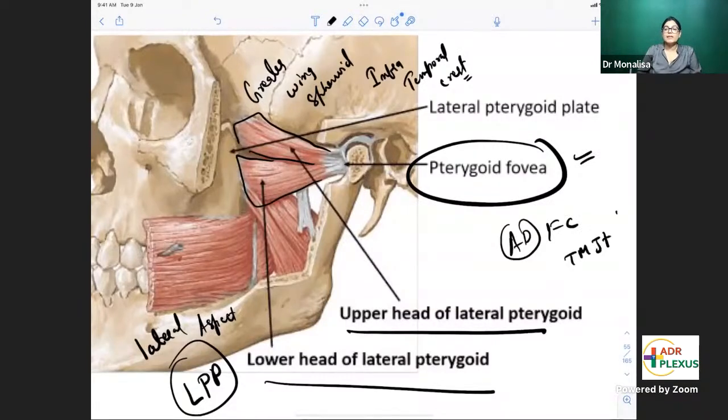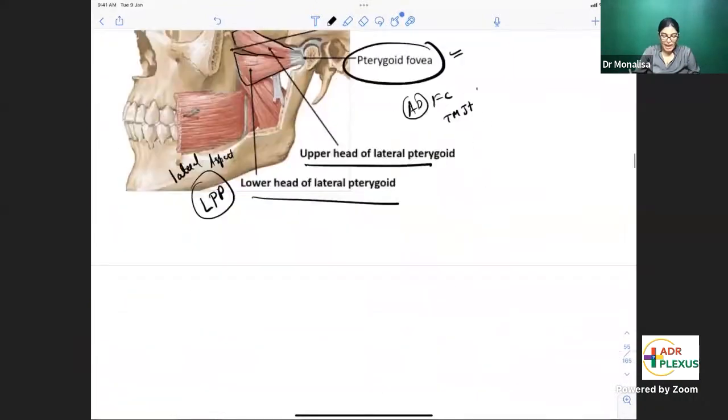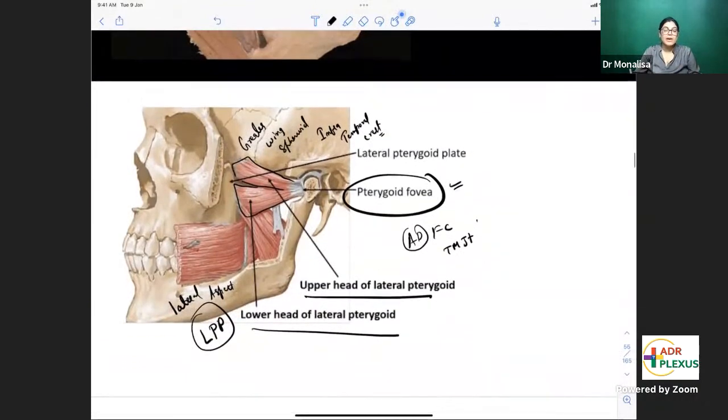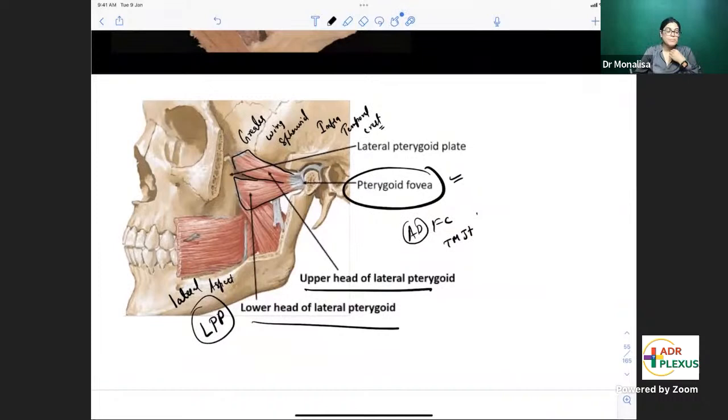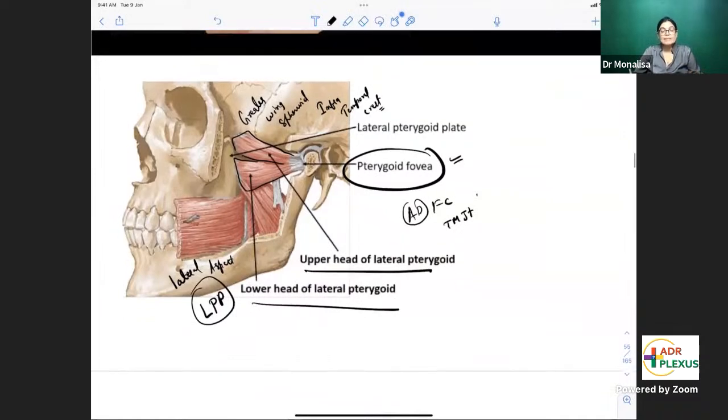It is a primary muscle of mastication, responsible for chewing food, side to side movement, and also for depression and protraction of the mandible.